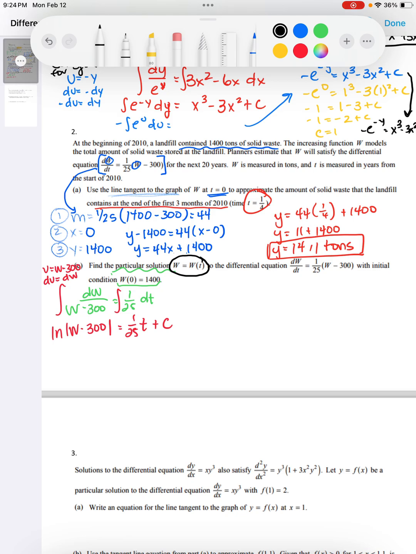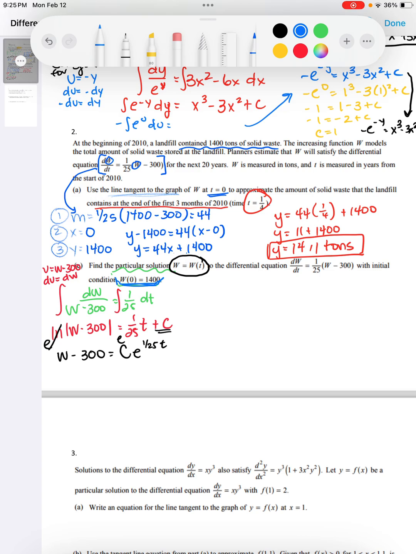So when I see that, I know I'm going to have to solve this equation for W. So I'm going to take both sides to the power of e, so that they cancel over here, and I have W minus 300 equals, now remember we have this plus C in the exponent, so we can bring it down in front, C e to the 1/25 t. I was going to solve for W, but I see we have to find that particular solution.